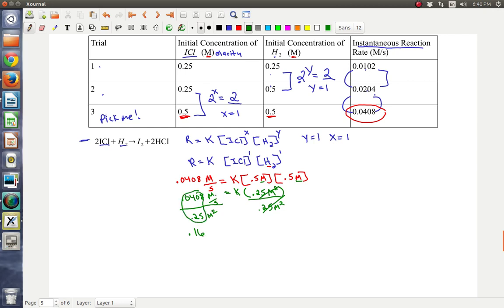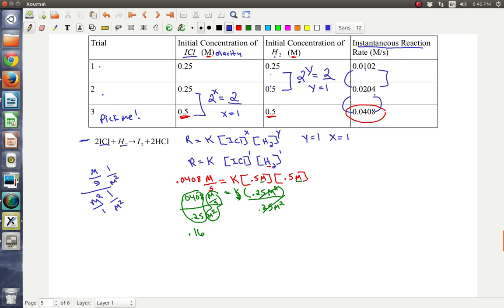But what about our unit? The unit for the constants is probably going to be the most complicated piece of this puzzle for you guys. So remember that you have to use your math skills for this. This is a complex fraction: molarity per second divided by molarity squared. When you want to solve a complex fraction, you multiply the numerator and denominator by the reciprocal of the denominator. So 1 over M squared at the top and 1 over M squared at the bottom.